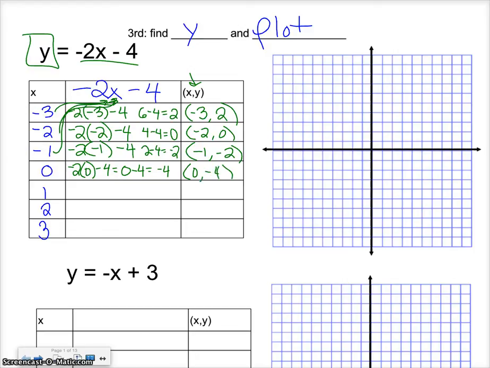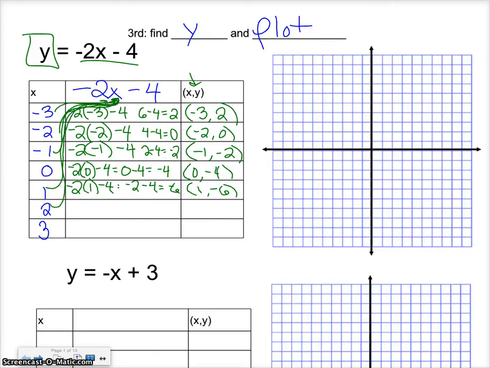Wow. Okay, next one, 1. We'll go right here: -2 times 1, minus 4, which is -2 minus 4, which is -6. Sure is. So it's (1, -6). And the next one is 2.